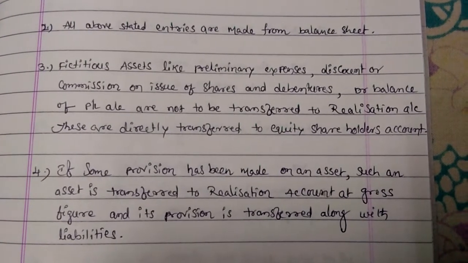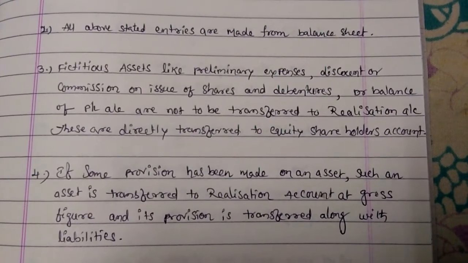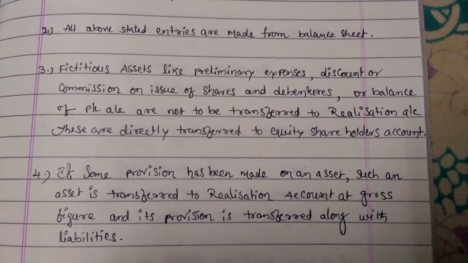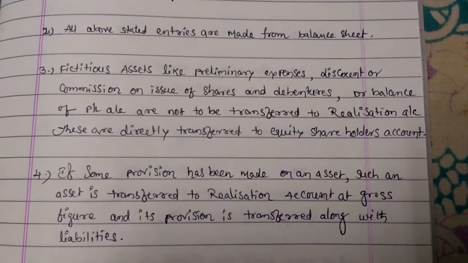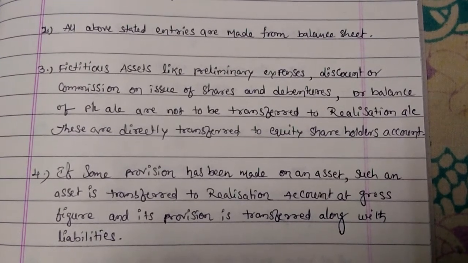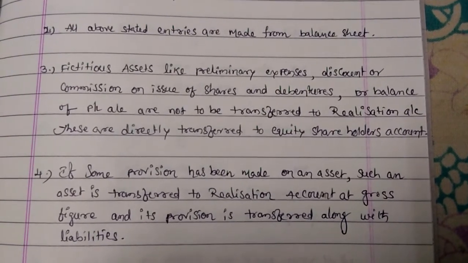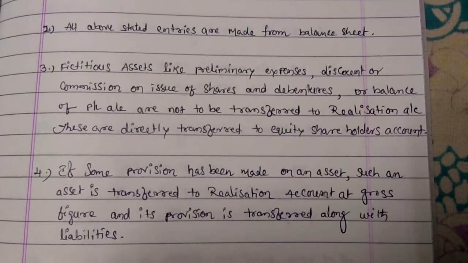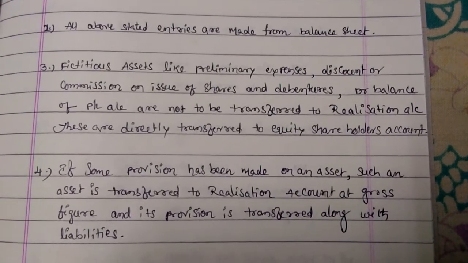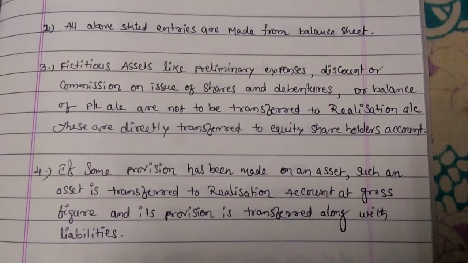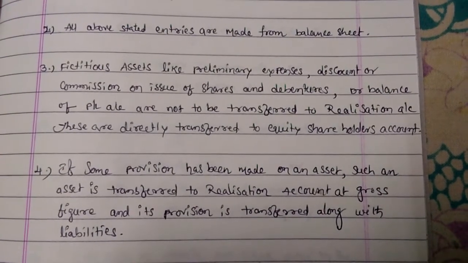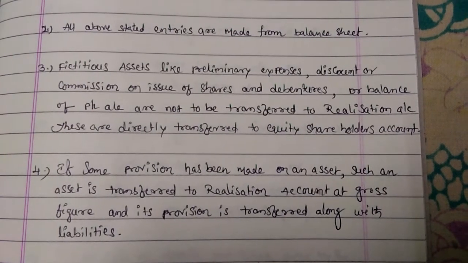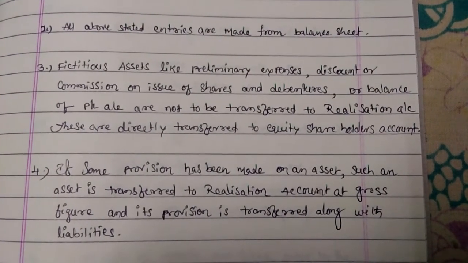If any assets have provisions, the provisions are transferred to the realization account with liabilities, and the assets are transferred to the realization account at gross figure, not deducting provisions from the mentioned assets.